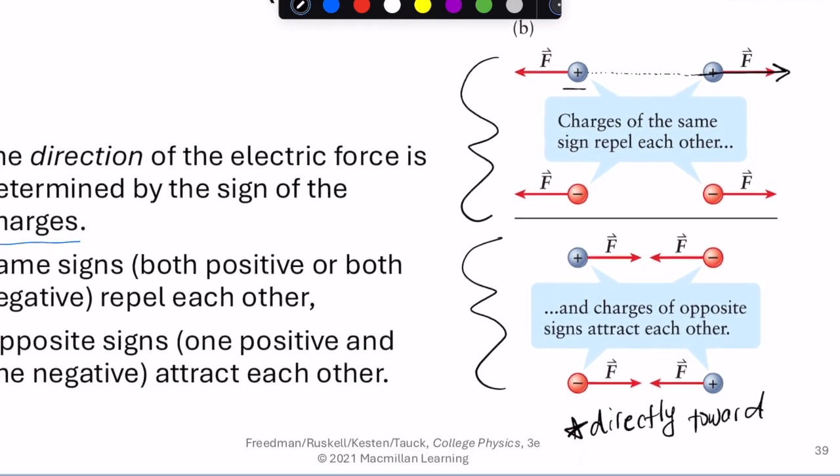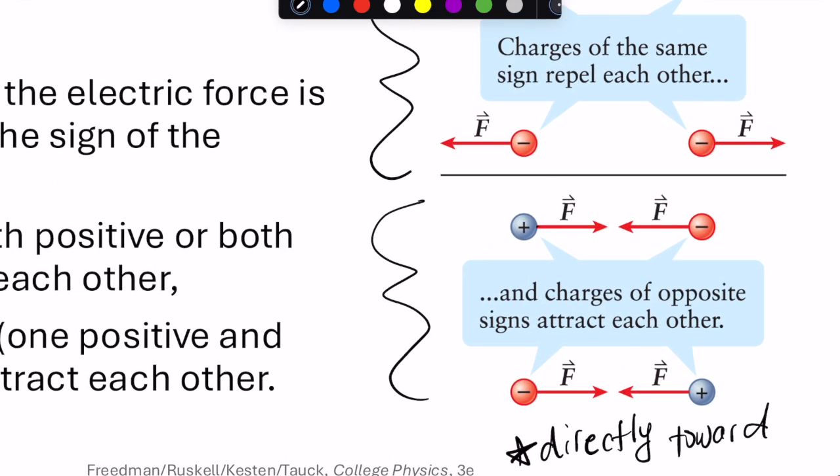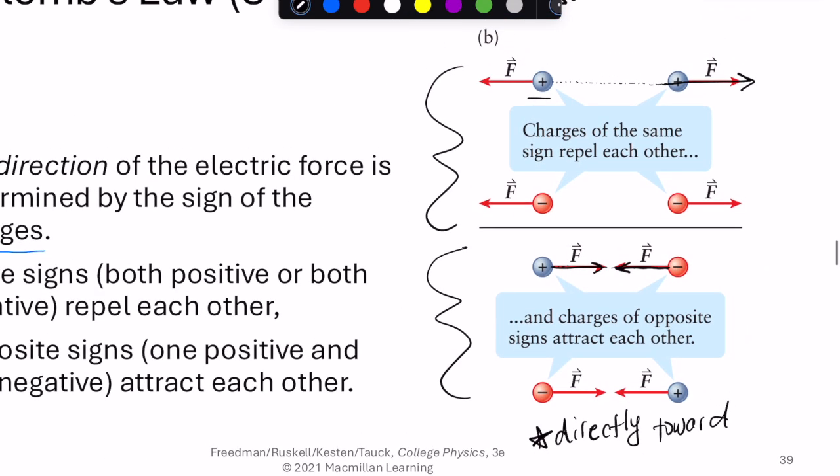Now, if the charges are opposite, you draw that line between the two, and you can see that the force vector will be a straight line path directly toward the other one. So that's how you know the direction. Here, looking at this picture, it's obvious because they're on a horizontal line. But what if I have them at an angle? What would be the direction? Well, I draw my straight line path.